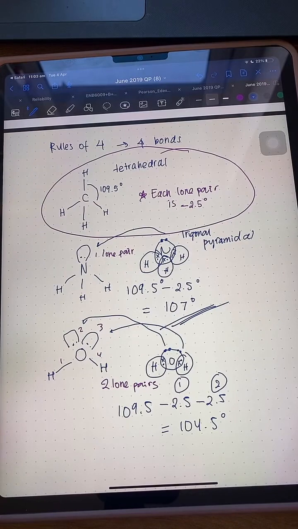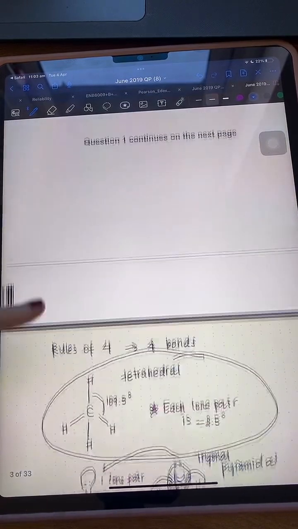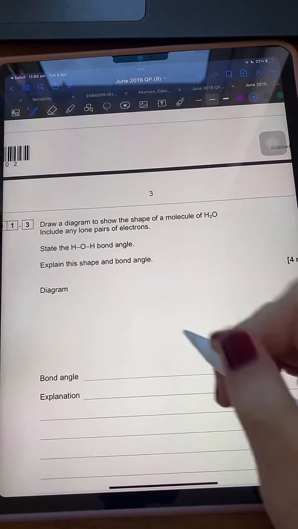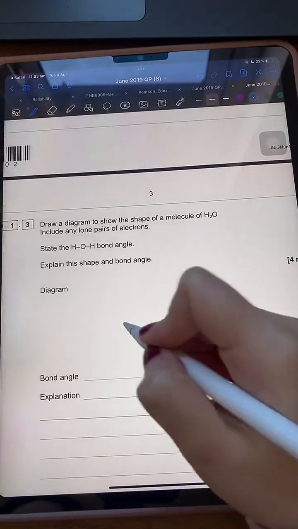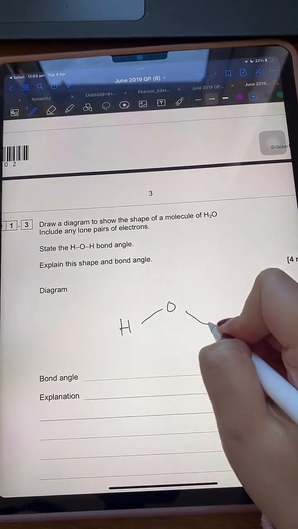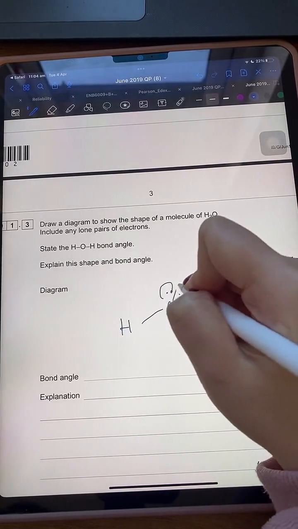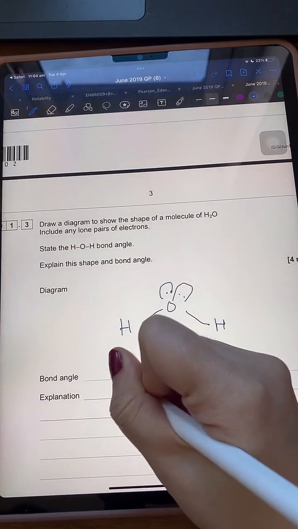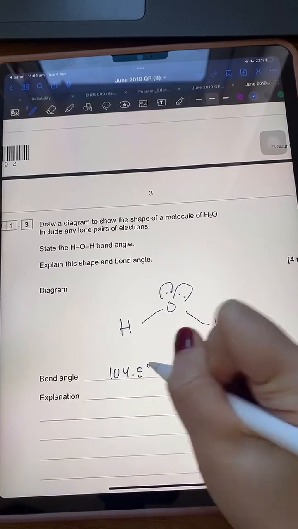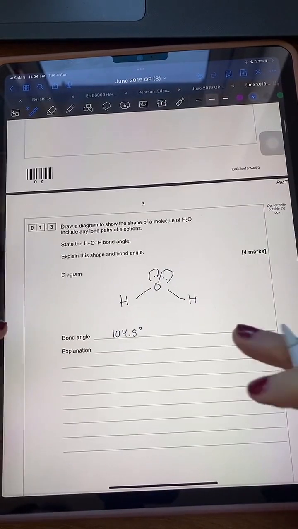And so we have the shape. What are we looking for here? Yeah, so we have H, O, H, 2 lone pairs, bond angle 104.5 degrees. Now the explanation, it's always the same as well.